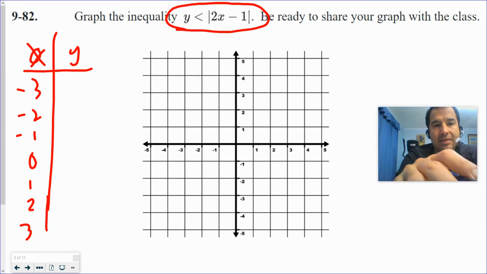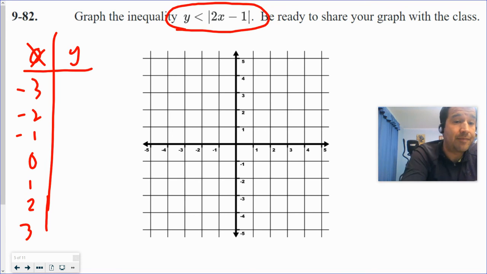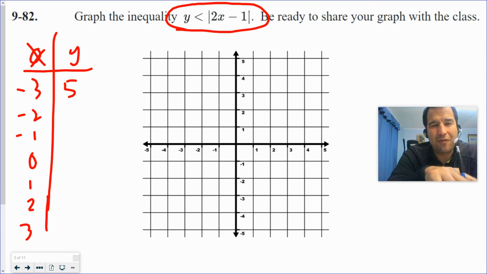So 2 times -3 would be -6 minus 5, or -1 would be -5. Absolute value of that would be 5. Sorry, I had to check there. And then the second one, if x is -2, 2 times -2 would be -4, minus 1 would be -5.